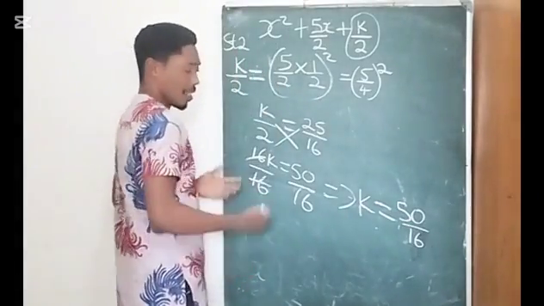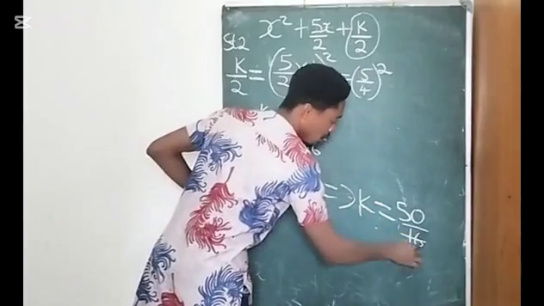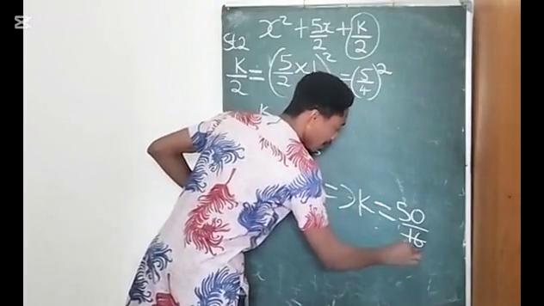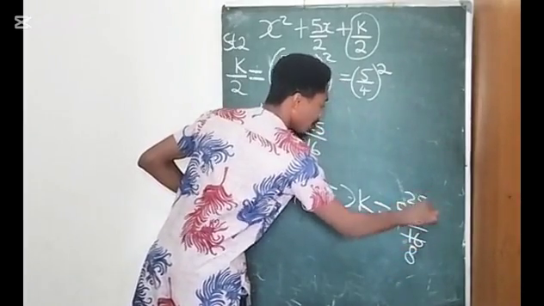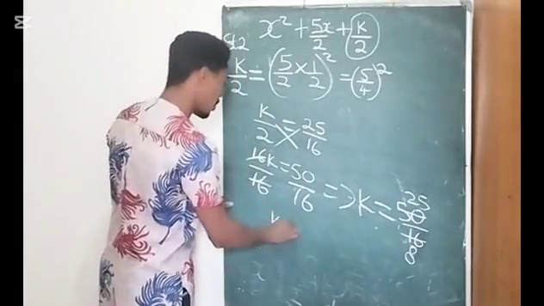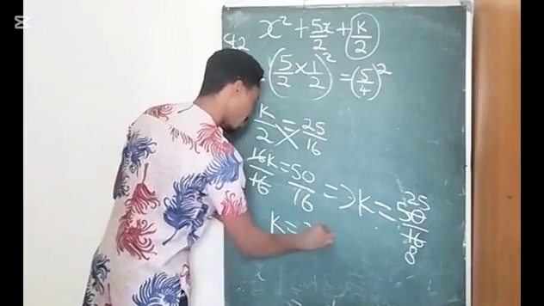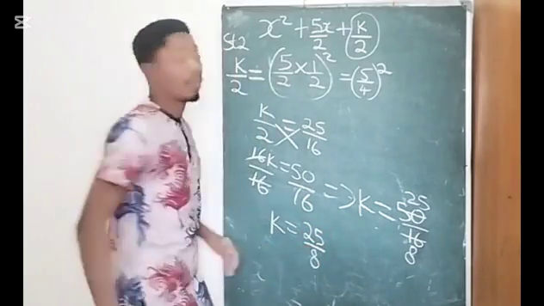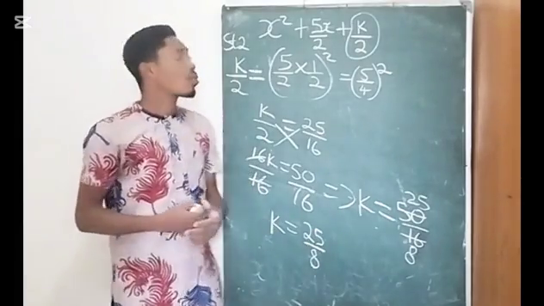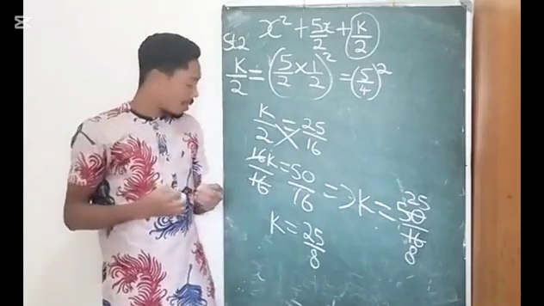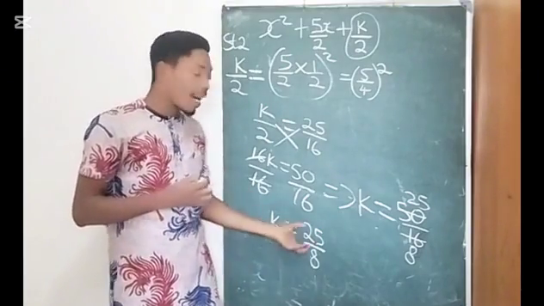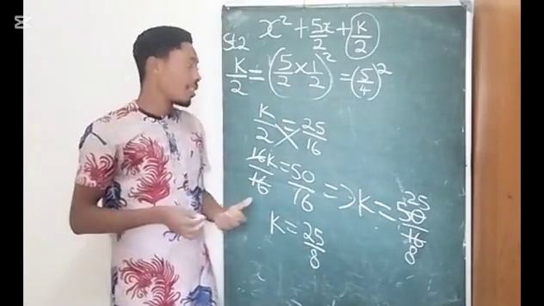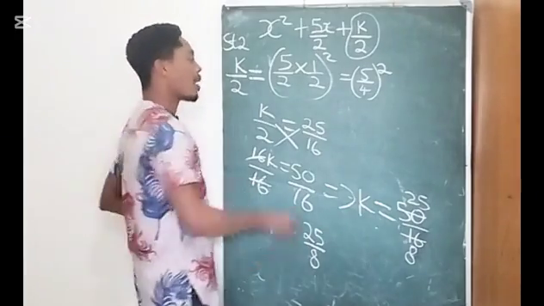But that is not so simplified. 2 can go into 16 eight times, and 2 can go into 50 twenty-five times. So the value of k is 25 all over 8. What we need to add to make it a perfect square is 25 over 8. Remember the question?